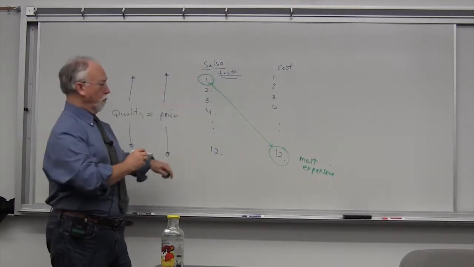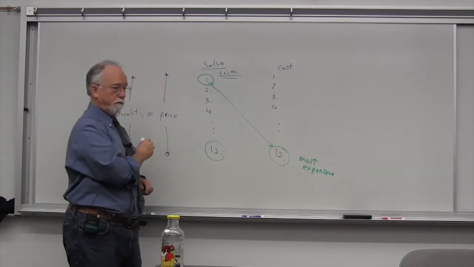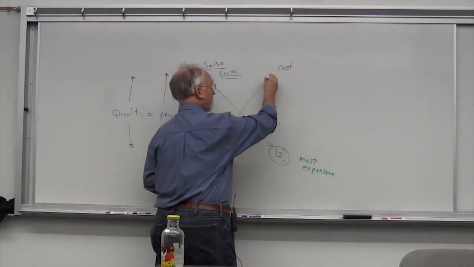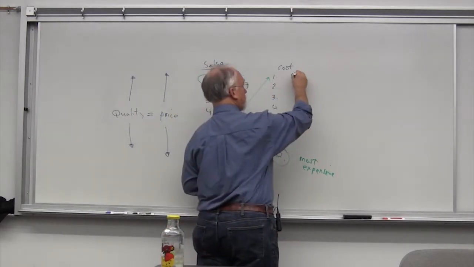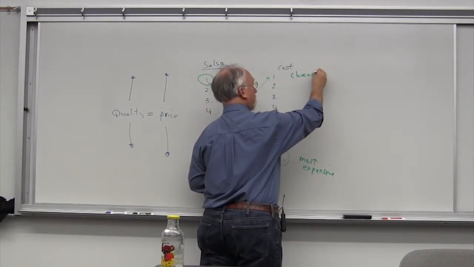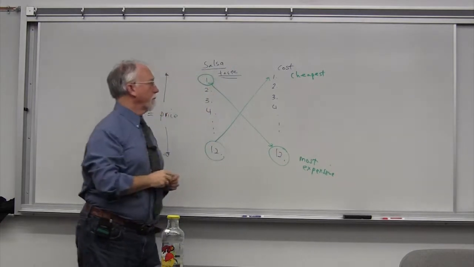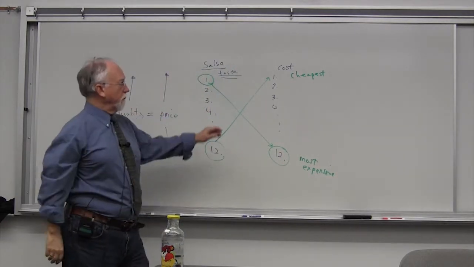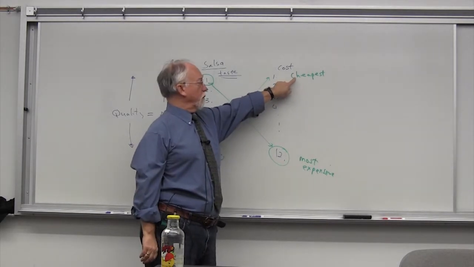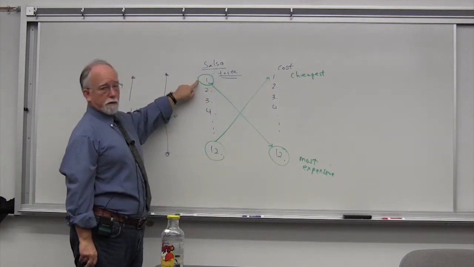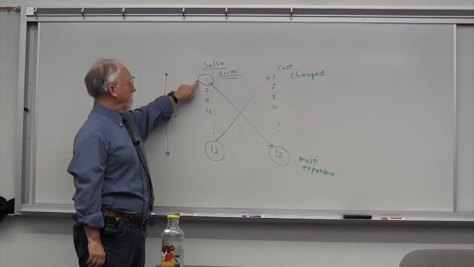And the one that tastes the worst is going to be the one that costs the least. So this will be the cheapest. So the best costing one is the one we pay less money for, and then of course the best tasting one here.